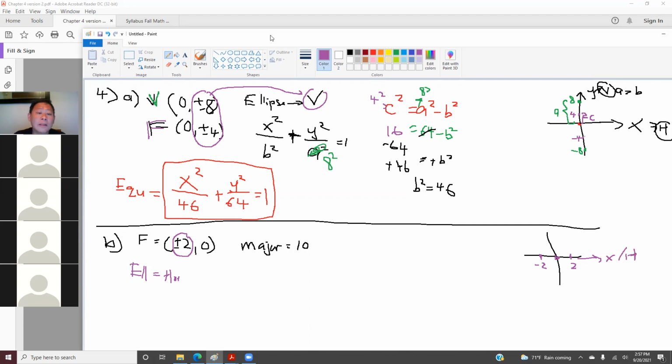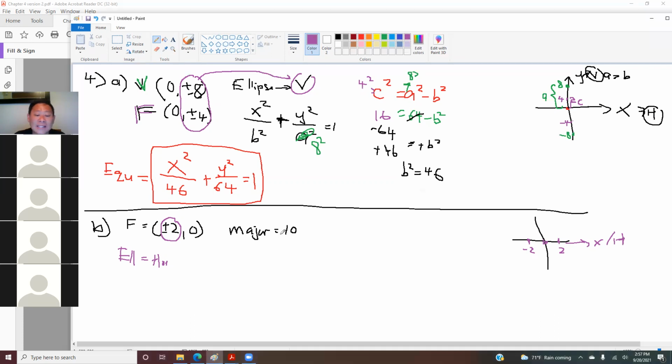Now it's also given that your major axis is 10. When I say major and it's horizontal, when you draw the ellipse, it looks something like this. From one end to the other end, this is 10. How far is it from the center to the vertex here? Since the major axis is 10, it is plus or minus 5.